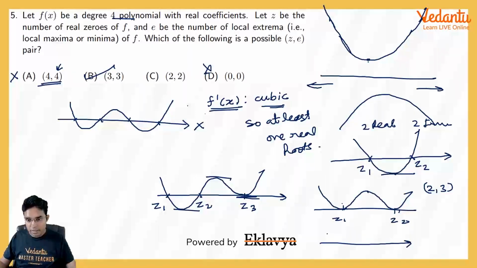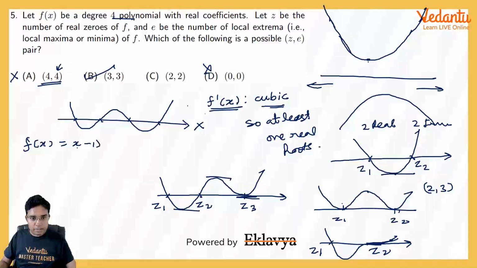Yeah, there is one more possibility like this. Please see, this is z1 and other zero z2 is having repetition thrice. Just one example I will take for this scenario, that f(x) is equal to (x minus 1)(x minus 2) power 3.